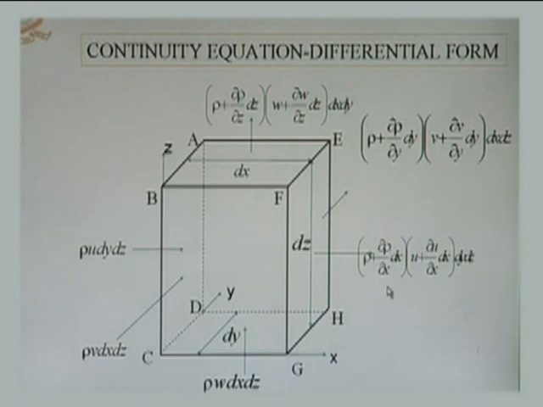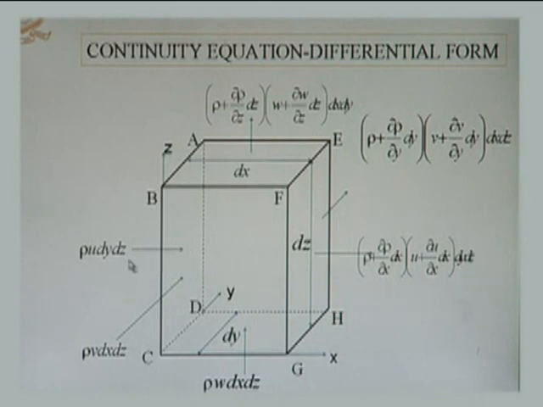What is del rho over del x? It is the density gradient in the x direction, so we are assuming that density varies in the x direction. So rho plus del rho over del x into dx, because dx is the distance in the x direction, multiplied by the velocity. Velocity is also variable, u plus del u over del x into dx, multiplied by the area, which is equal to dy dz.